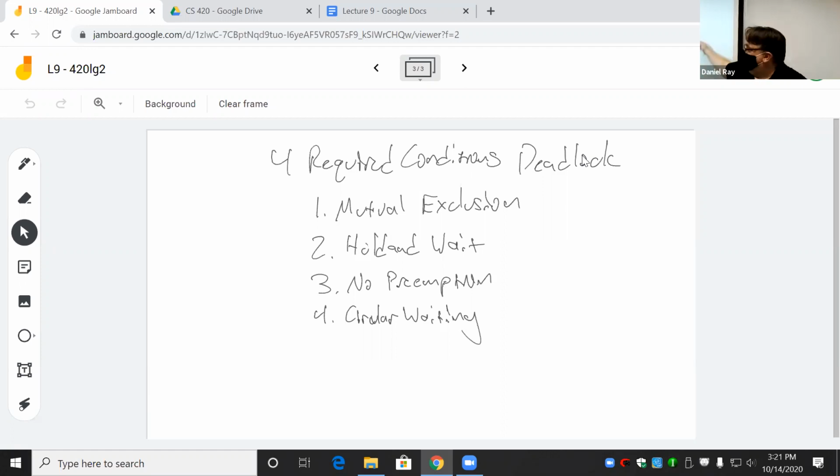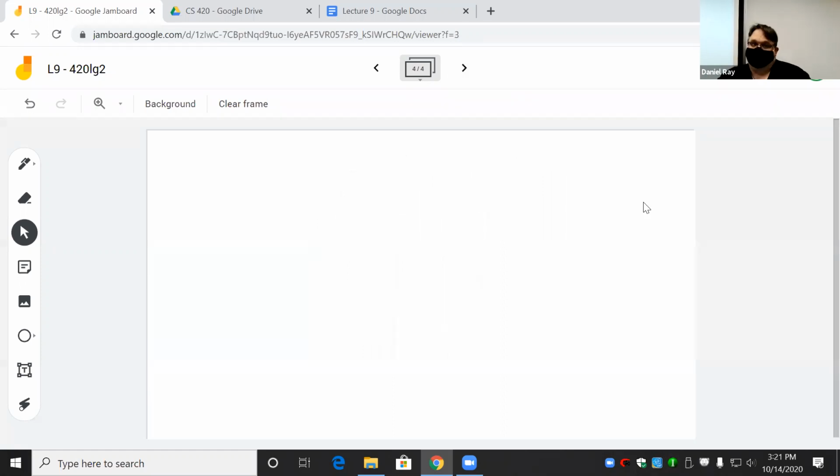We're eventually going to get to, yeah, let's look and see how we can address number 4. Can we identify and can we fix circular waiting? But before we do that, let's more generally describe a model for resource allocation.